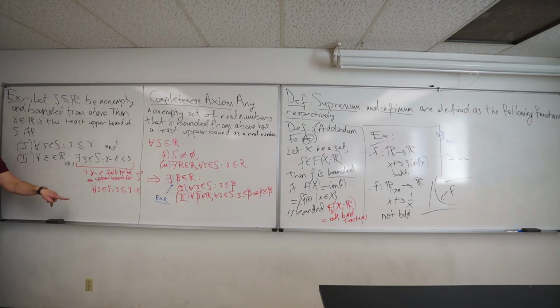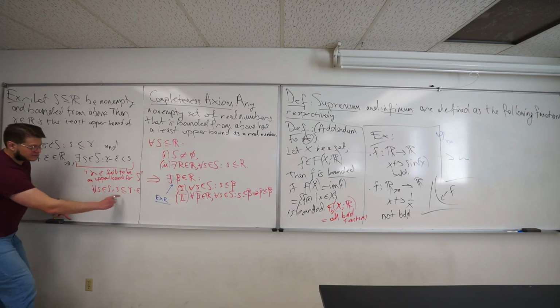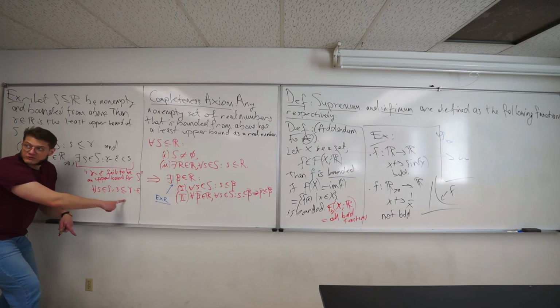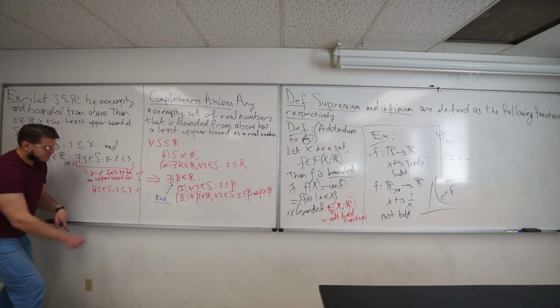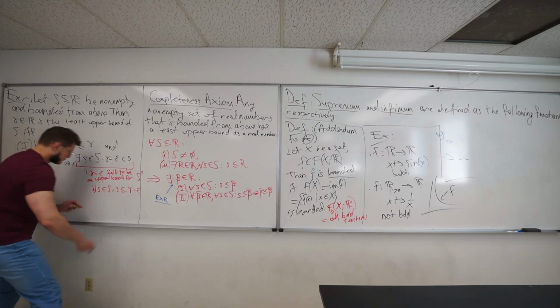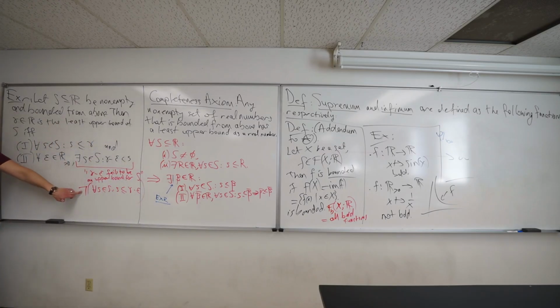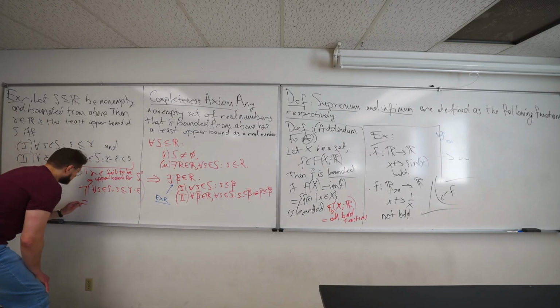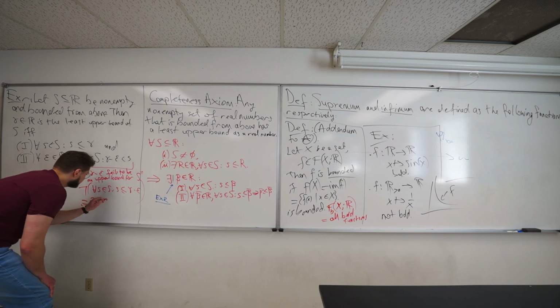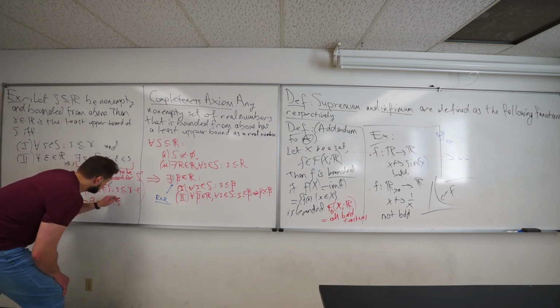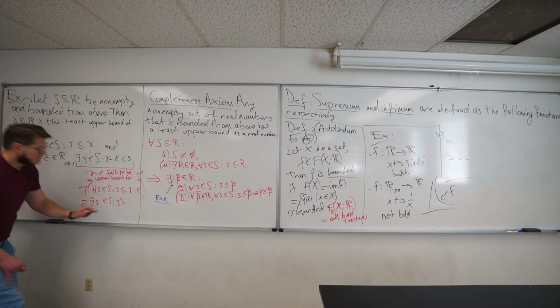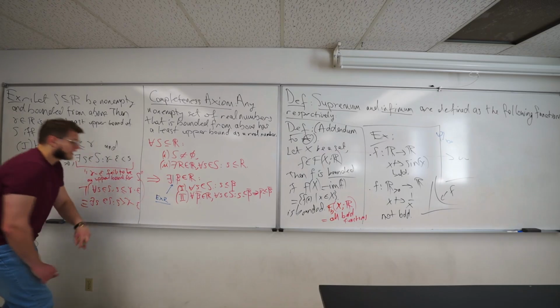If I negate this, what this turns into is there is an s in S such that the other way around of this works. We can write it like so if you want. This is a not operation. This turns into, there is an s in S such that s is strictly greater than gamma minus epsilon.